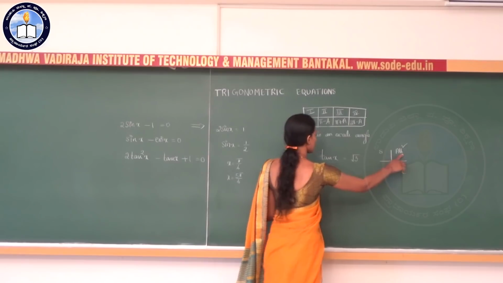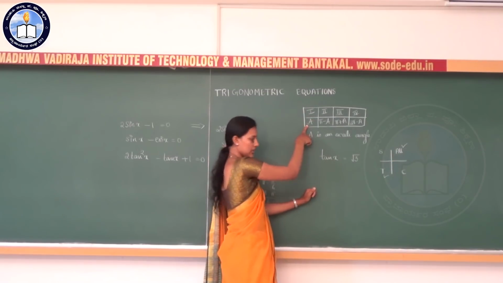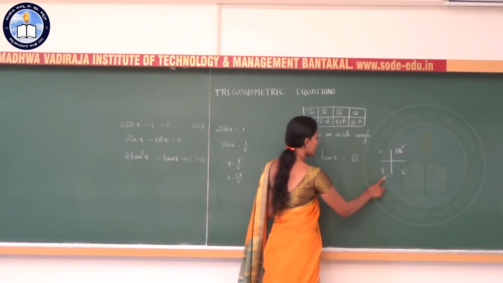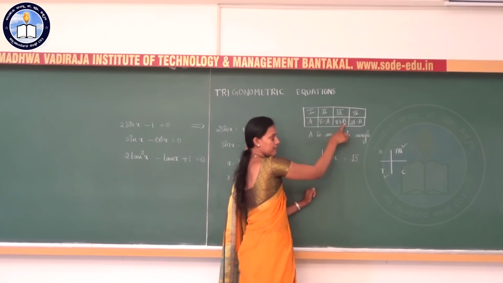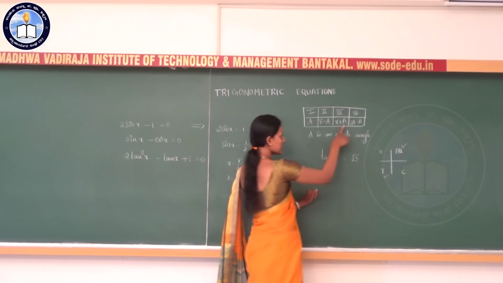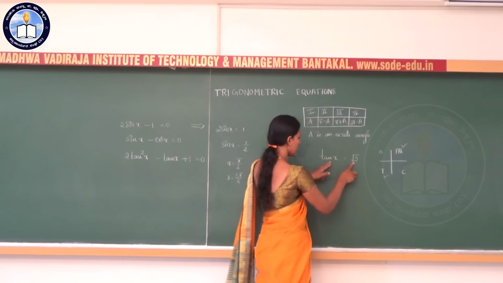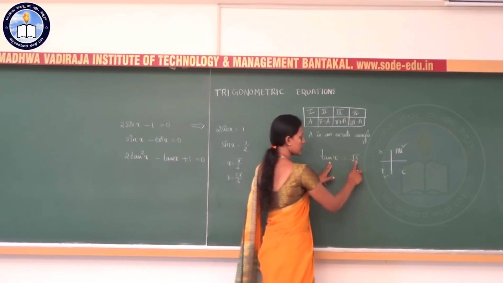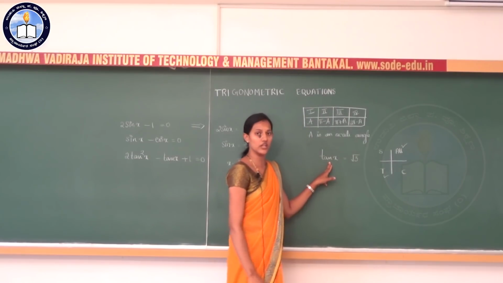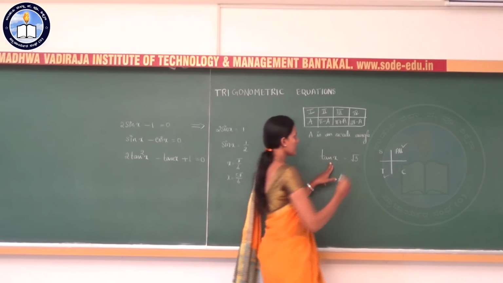In the first quadrant, we will be taking it as angle A. In the third quadrant, it will be pi plus A. Now, what is A? A is the acute angle satisfying the equation tan x is equal to root 3. Now, tan of what is root 3?